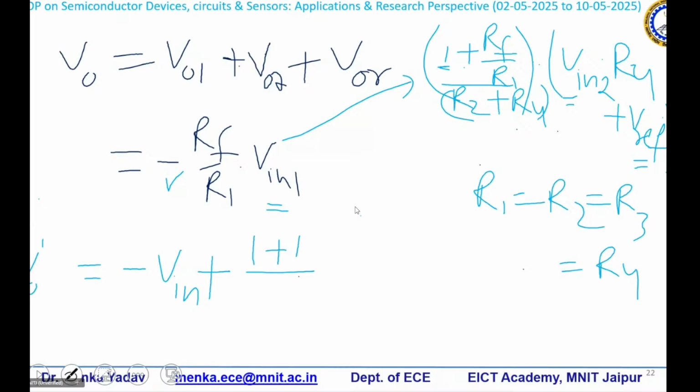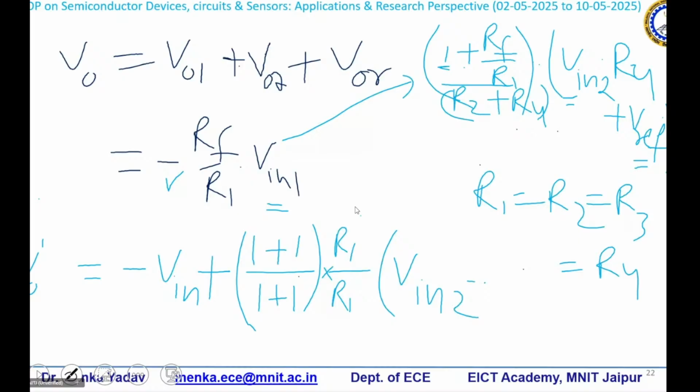So this becomes 1, R2 is 1, and R2 plus R4 becomes 1 plus 1 into R1, because both of these have equal resistance equal to R1. Likewise, from the top also R2, R4 are equal to R1, so I have taken R1 as common. So now it becomes into Vin 2 plus V reference.